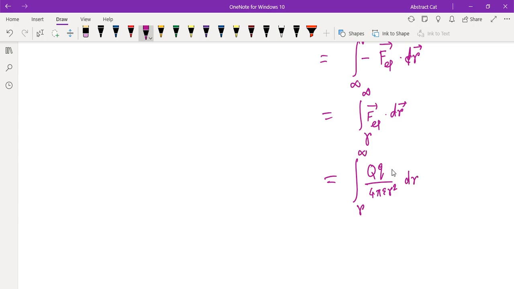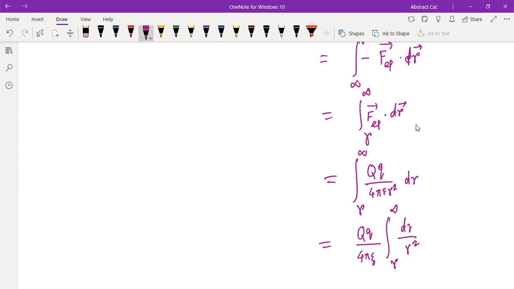Both are in the same direction, that's why cos 0 is 1, okay. So capital Q small q over 4 pi epsilon naught, integral from r to infinity of dr by r square.